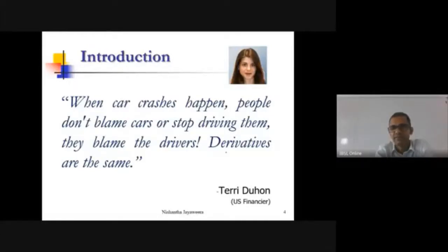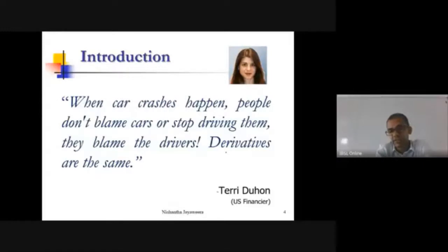Even a knife is a good tool, but you should know when to use a knife, when you should use an axe, and for what purpose you use a knife. The same thing applies to derivatives. So don't have any bad idea about derivatives.